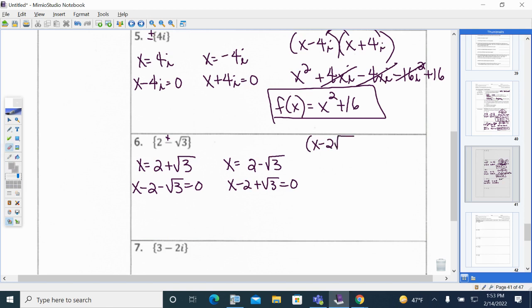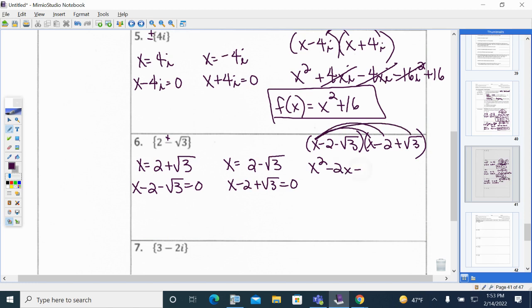I just forgot my minus. And then the x minus 2 plus radical 3. So this is not FOIL. This is distributive property. X times x is x squared. X times negative 2 is a negative 2x.